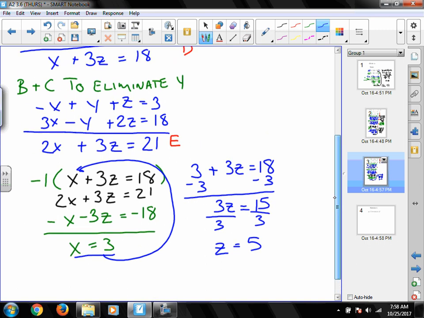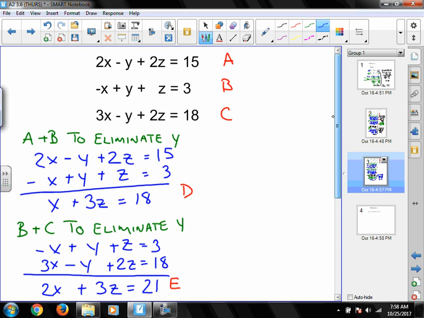And then, now since I've got x and z, I can go back into either one of my first equations. Again, make this easy on yourself. I know what x and z are. I need to solve for y. B looks to me to be the easiest because I don't have any coefficients that need to be multiplied other than 1.